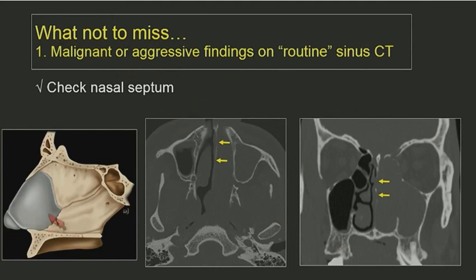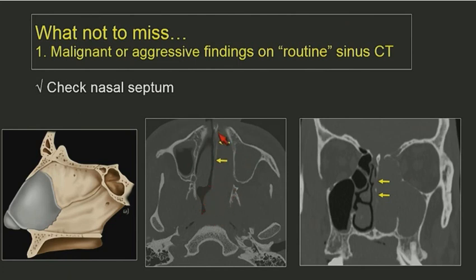So the first that I'd like to talk about again is the malignant findings on a routine sinus CT. And I start with the nasal septum. Remember, the nasal septum, the posterior portion, is bone. So if you see it eroded, destroyed, that means bone destruction, and it's as significant as if one of the sinus walls were destroyed. Here's a patient with sinonasal carcinoma, and notice, yes, there's maxillary and nasal cavity opacification, and the mass does extend back to the nasopharynx.